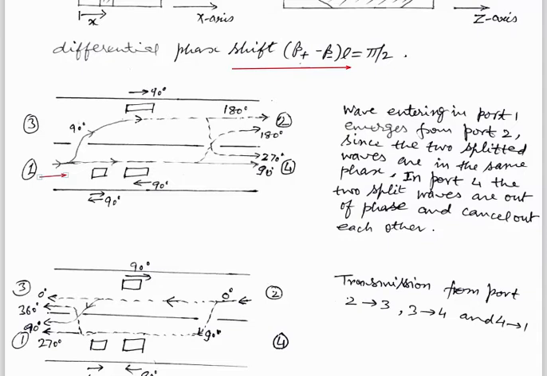Now when passing through a ferrite slab, an additional 90-degree phase difference will be produced. So one wave which enters here in port number 2 will have a 180-degree phase difference.